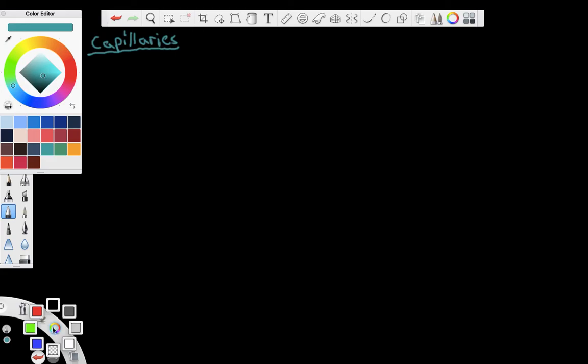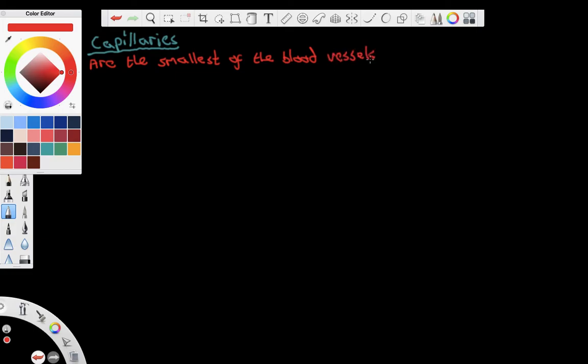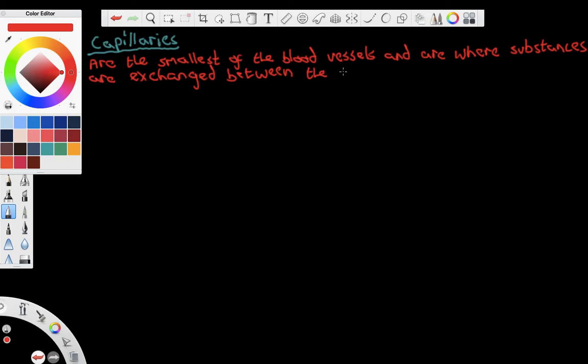So capillaries are the smallest of the blood vessels and are where substances are exchanged between the blood and the cells of the body.